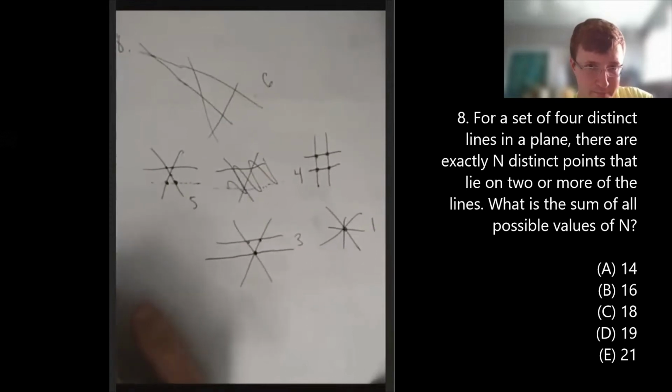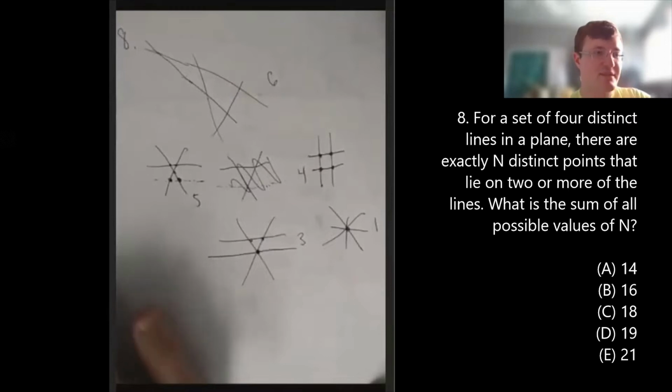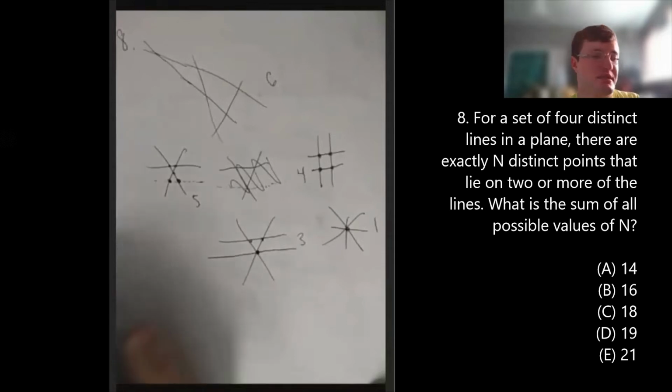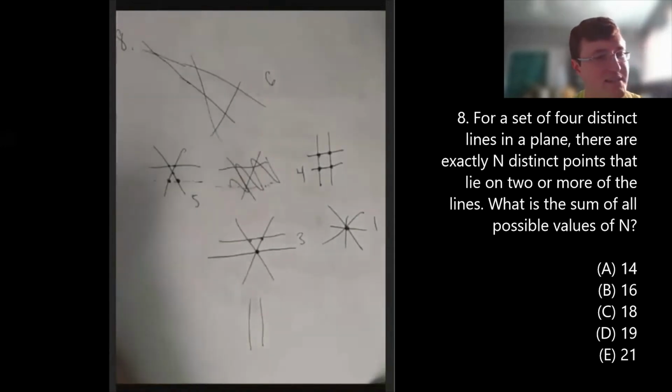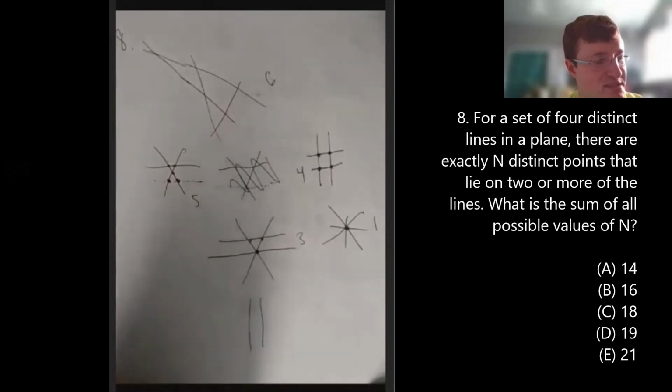I'm not sure that I can. I mean, okay, some of the lines are going to have to be parallel. Okay, but if I have 2 parallel lines and I have to add in 2 more, the next one is either going to intersect in 2 points or no points.